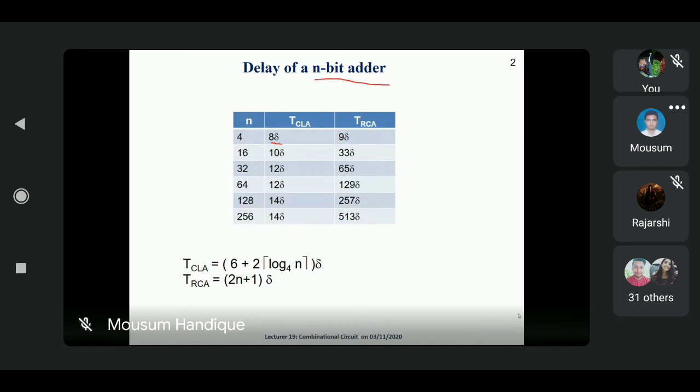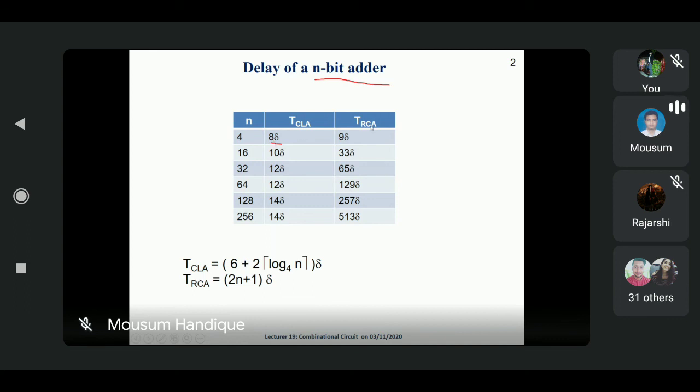See here, n means the number of bits. TCLA means the time required if we are using the carry look ahead adder, and TRCA means the time delay required if we are using the ripple carry adder. So 2 delta plus 3 delta plus 3 delta equals 8 delta if we are using the CLA.